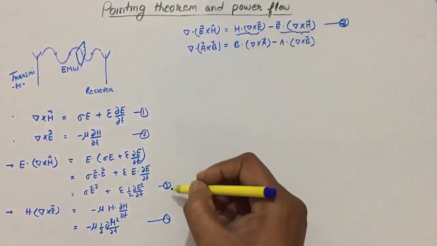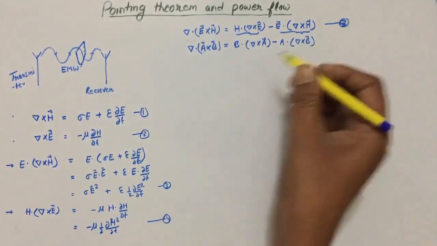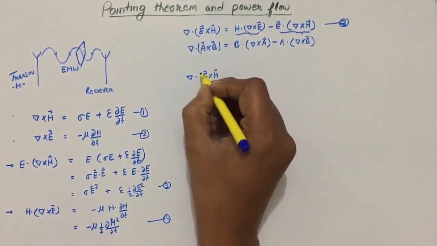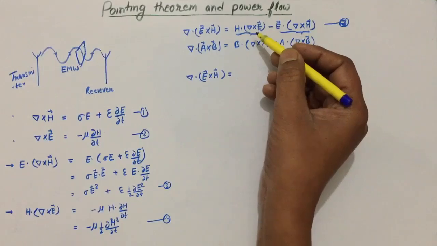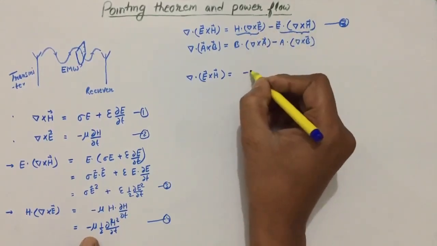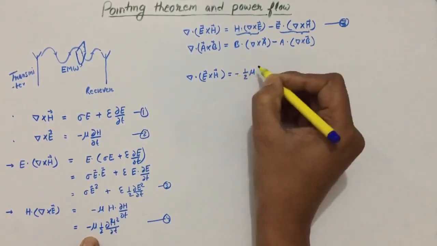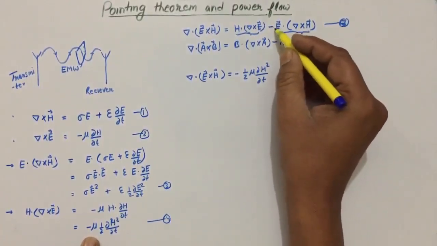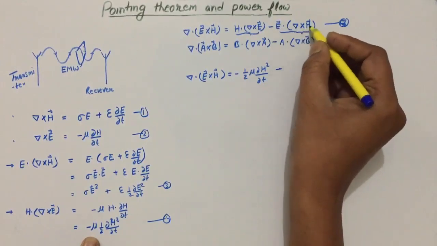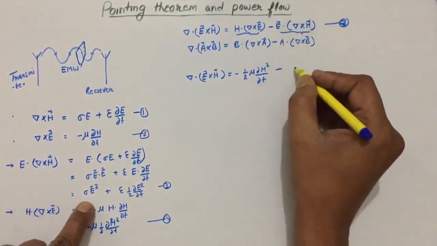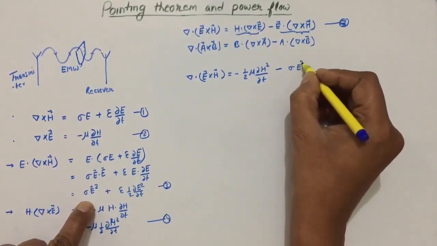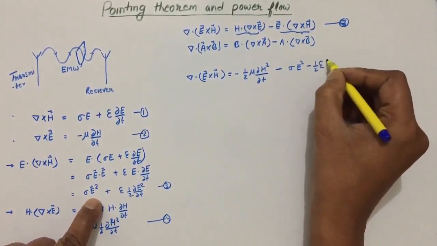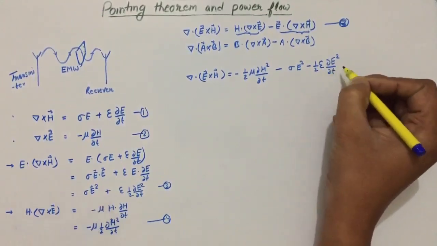Put these values from equations 3 and 4 in equation 5, and we will get del dot E cross H will be equal to, in the place of this we can write minus half mu del H square over del t, and with a minus sign E dot del cross H can be written as minus sigma E square, and minus for all, so it will be minus half epsilon del E square over del t.